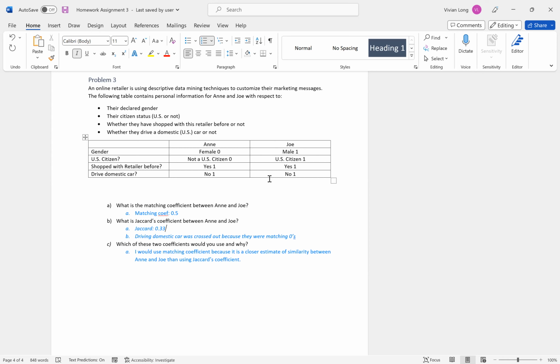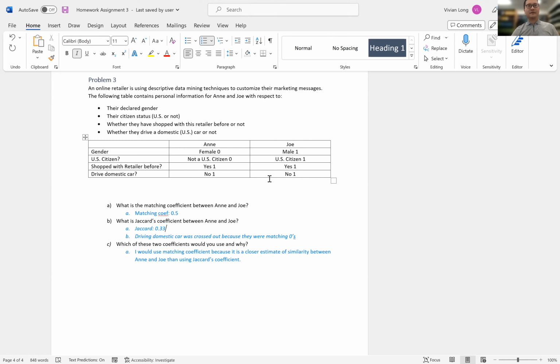Harry, can I ask a question regarding Vivian's data though? Vivian, I hear what you're saying, but for shopped with retailer before, for example, Jerry, she's measuring yes as 1, but then underneath she's measuring no as 1. Shouldn't it be that if yes is being measured as 1, it needs to be measured as 0 for no? Yes, you're right.